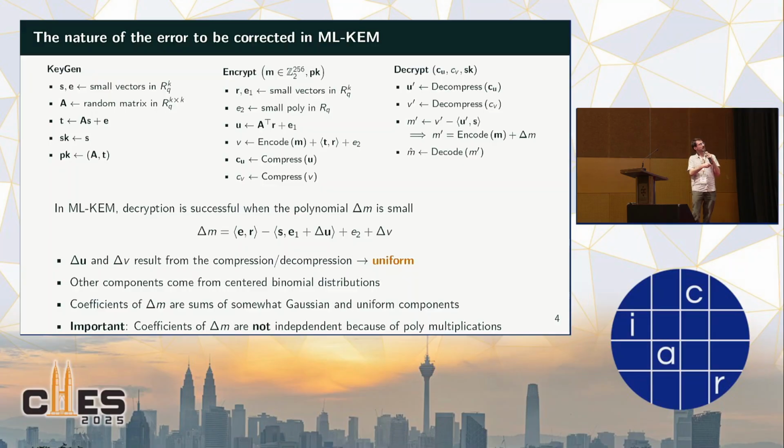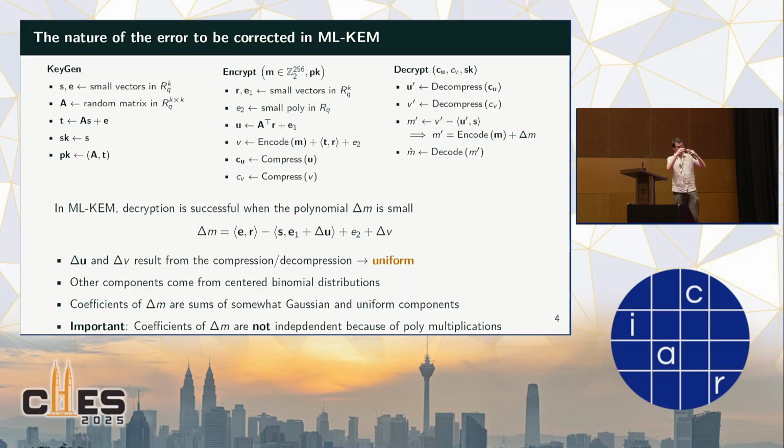It's defined as a product of two vectors of small polynomials, another product of vectors of small polynomials, and then a small polynomial, and then there is this delta v, which comes from the error from the lossy compression and decompression. So these two factors, the delta u and delta v, that come from the compression and decompression, are small but uniform, and all other components come from the centered binomial distributions.